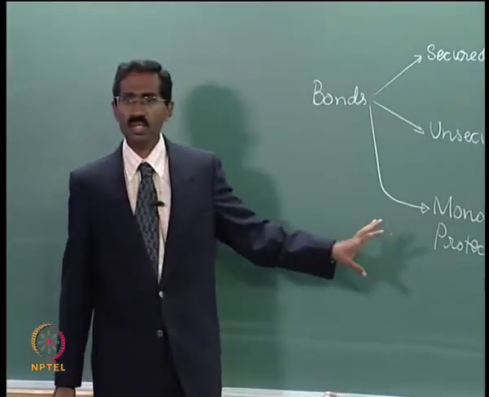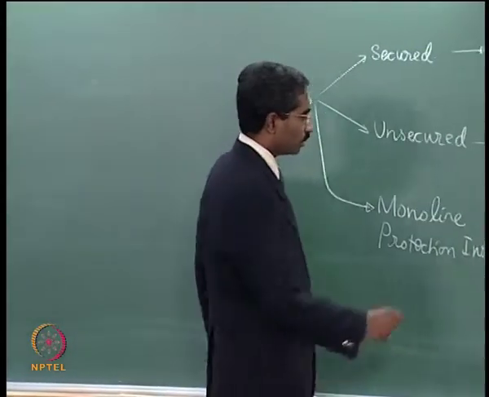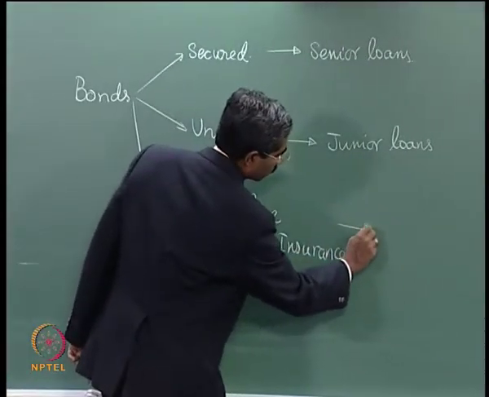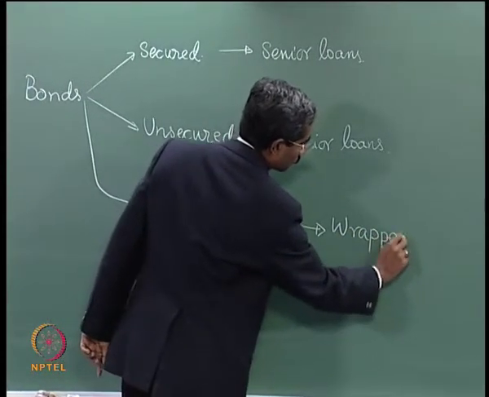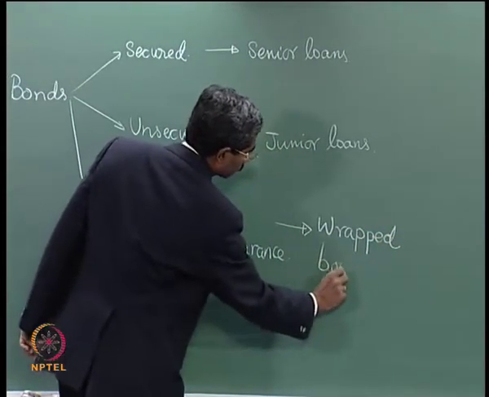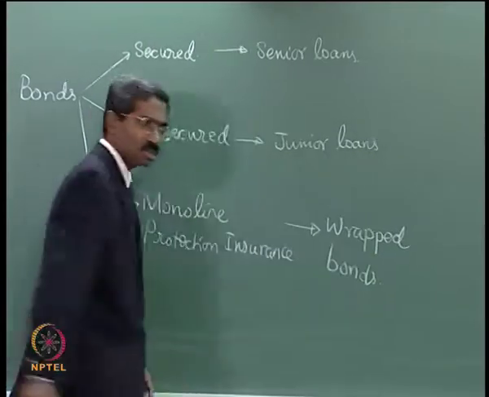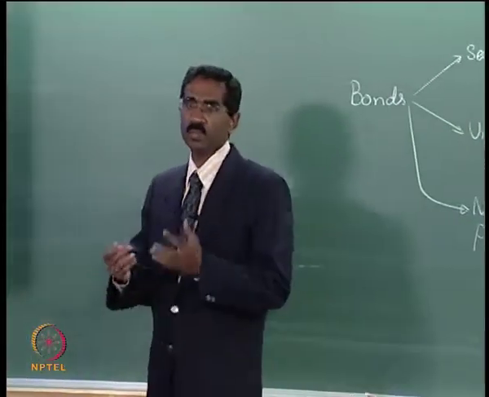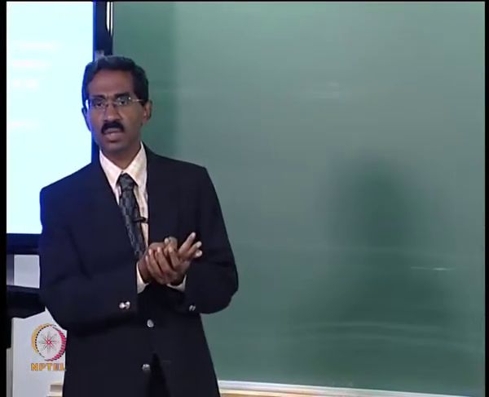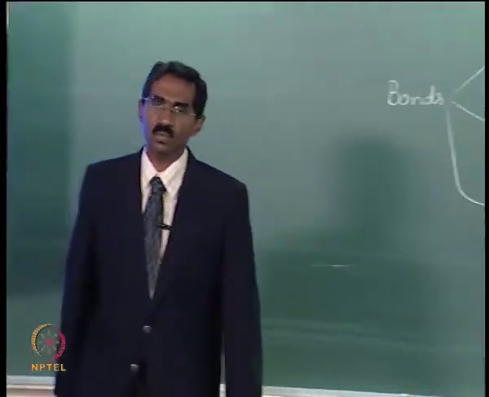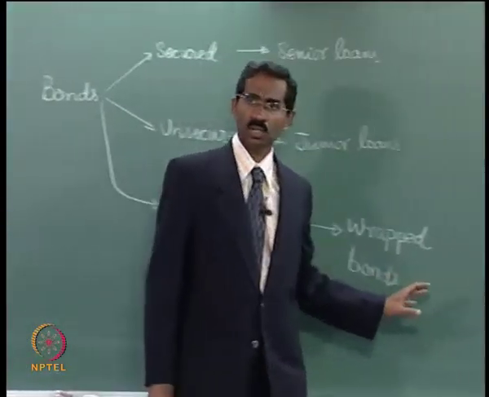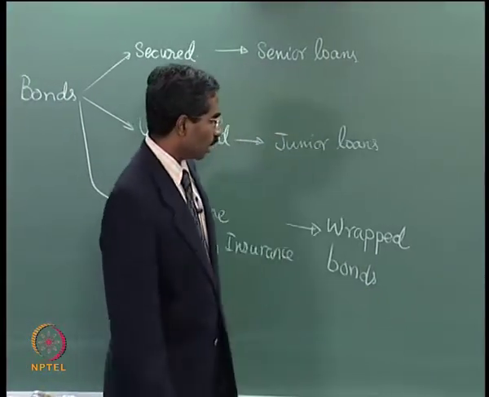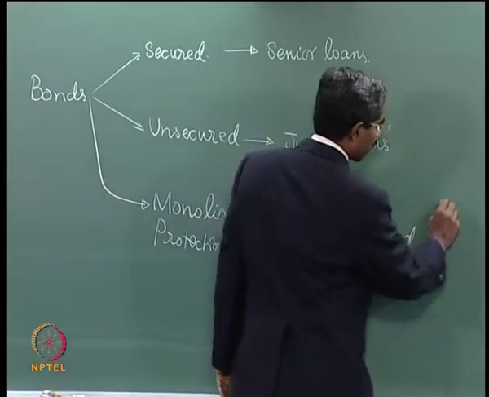So these monoline insurance bonds are also called wrapped bonds. That is, these bonds are wrapped with an insurance cover around them, and that is the reason why they are called wrapped bonds.